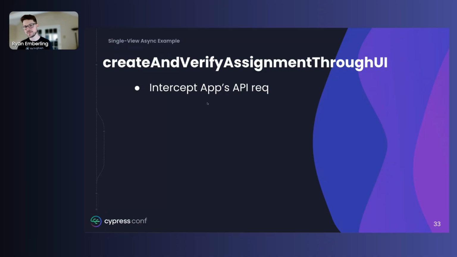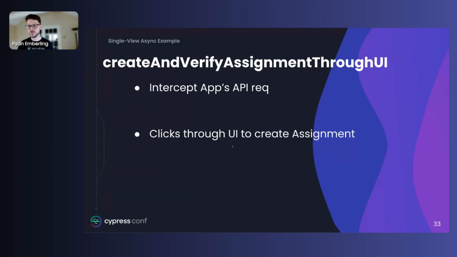And here we're not intercepting to mock, actually, because we want to ensure end-to-end that the full application works, but rather only to uncover basically the response that the server sends to the application's request, because the request is going to be triggered by the UI, not by Cypress itself.